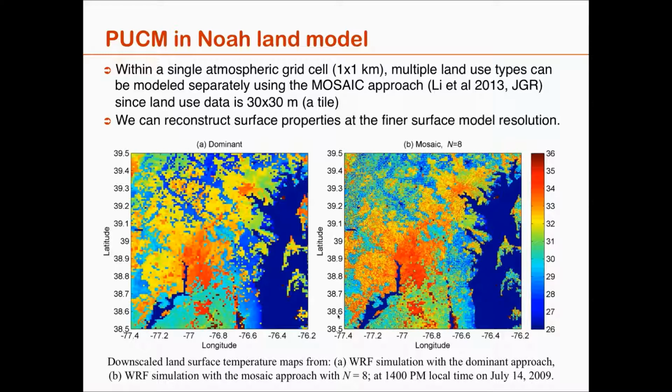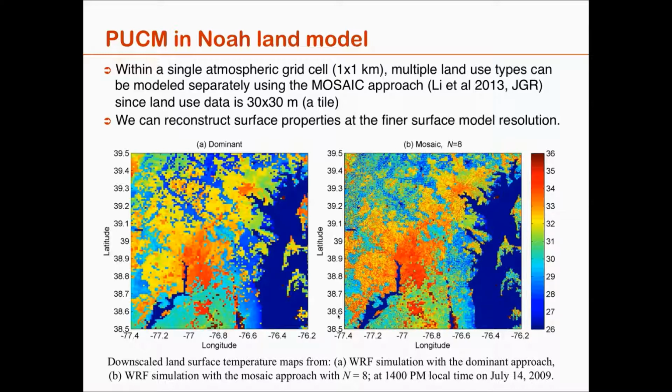So one thing we implemented is what we call the mosaic approach, which is to say that within a 1 by 1 kilometer grid cell of the atmospheric model, we can model multiple subtiles, or we can model the surface at a much finer scale. Since in the US, typically we have land use data at 30 by 30 meter scale, we can run the surface model at a 30 by 30 meter resolution, while the atmospheric model is running at a 1 by 1 kilometer resolution.